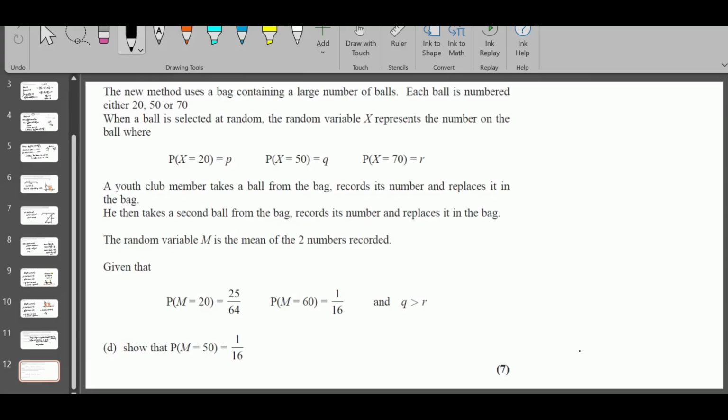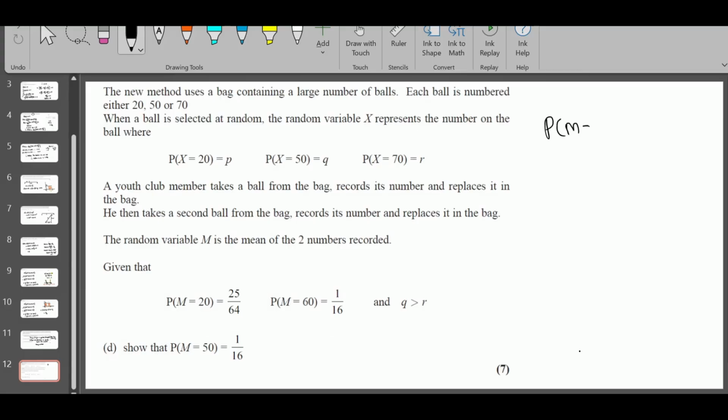He then takes a second ball from the bag and records its number. So he's taking 2 balls. The random variable M represents the mean of the 2 numbers recorded. Given that the probability of M equal to 20 is 25 over 64, the probability of mean 60 is 1 over 16, and Q is bigger than R, show that the probability of mean 50 is 1 over 16.